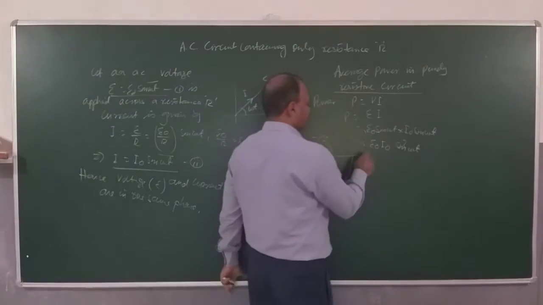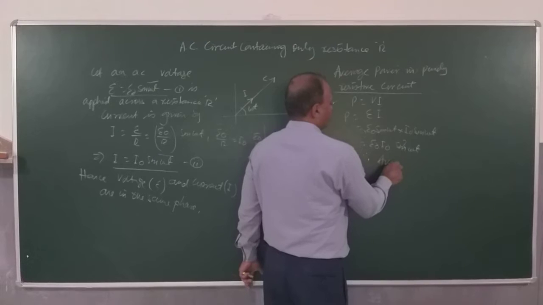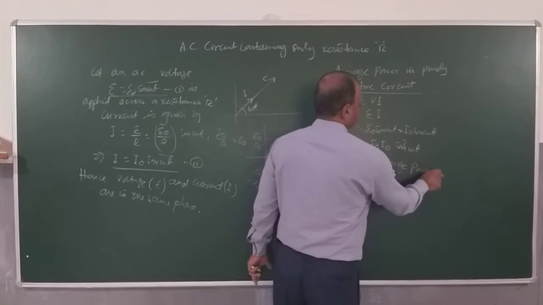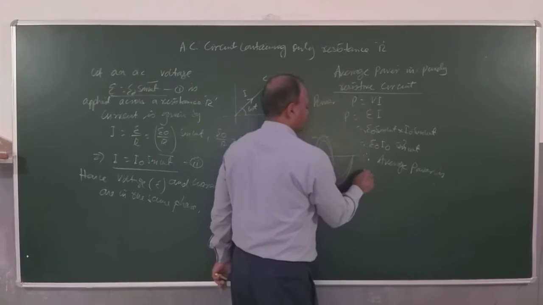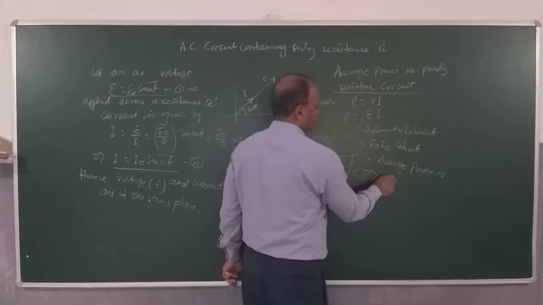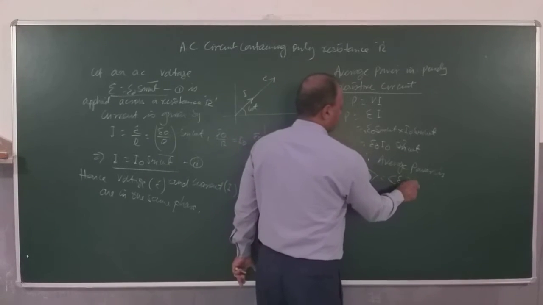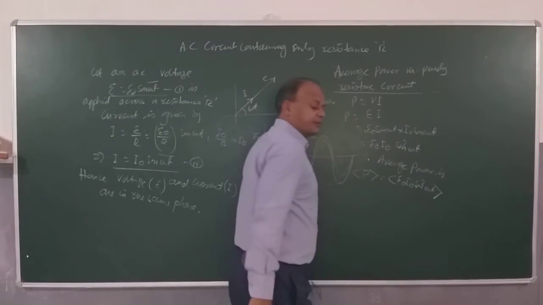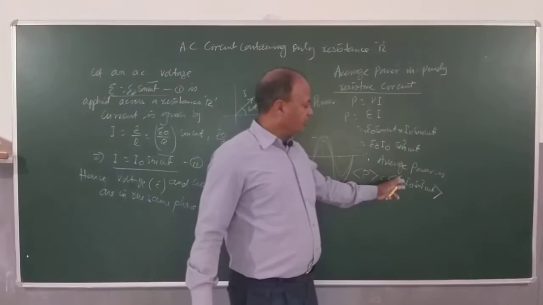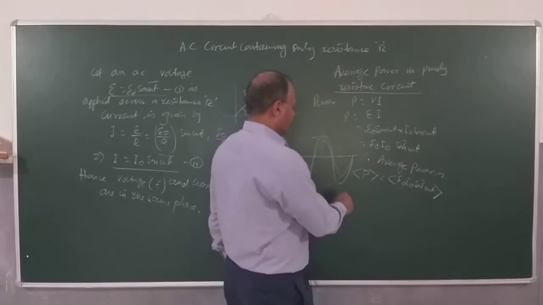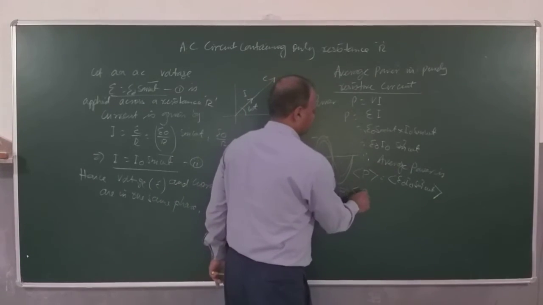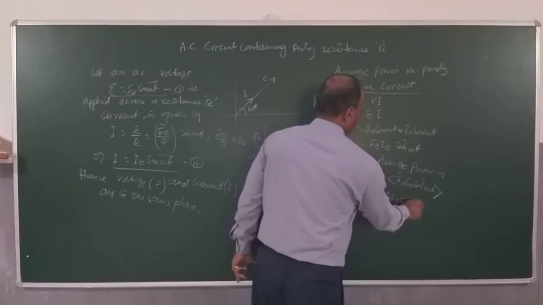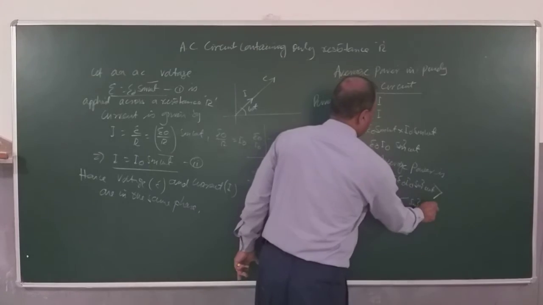Therefore, if I want to calculate the average power, P equals the average of E0 I0 sin square omega t. Now E0 I0 comes out, then we get average power equals E0 I0 times the average of sin square omega t.